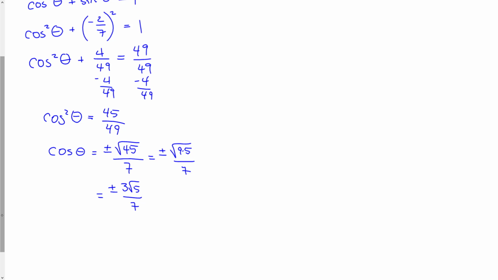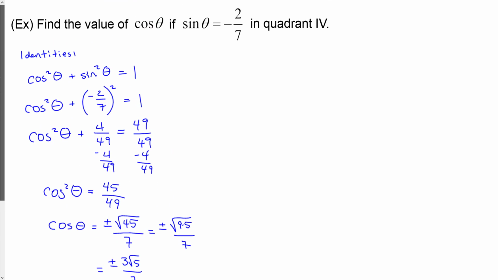Now, this isn't my final answer because I do have to decide if this answer is going to be positive or negative. And the way that I do that is by the quadrant. So I'm in quadrant 4. So, all students take calculus. So this is quadrant 1, quadrant 2, quadrant 3, and quadrant 4.